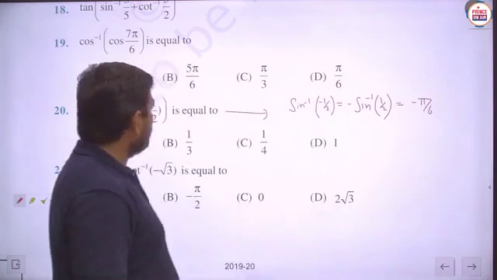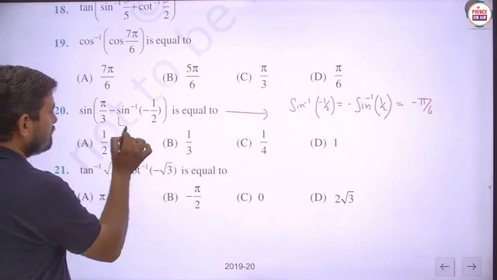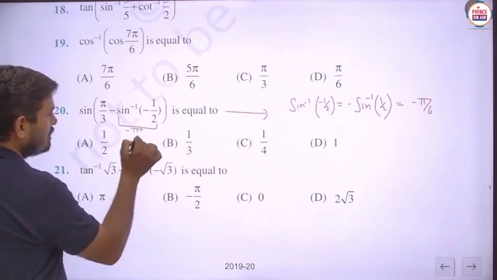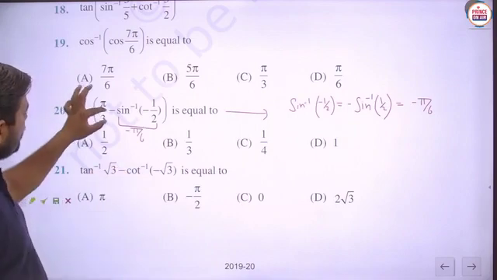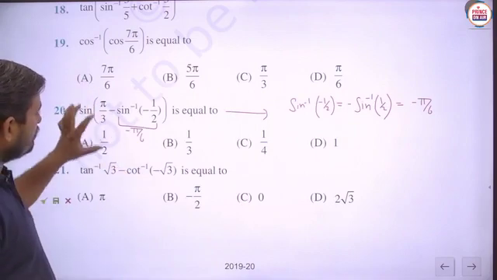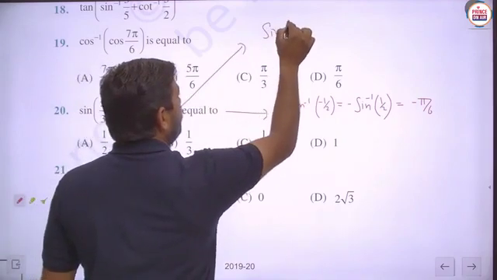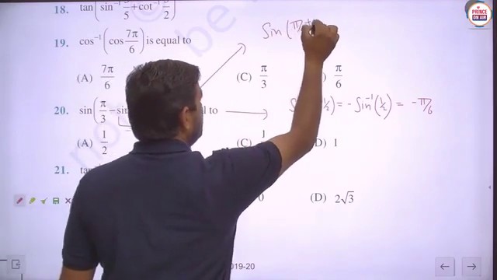So the answer of only this part is minus pi by 6. Is it clear? So this answer is minus pi by 6, then pi by 3 minus of minus will be plus. So this part will be written as sine of pi by 3 plus pi by 6.